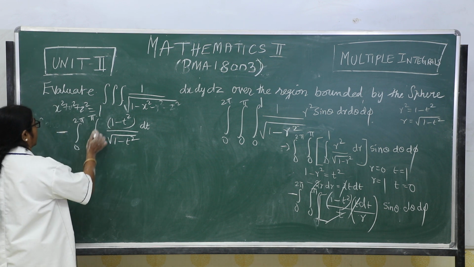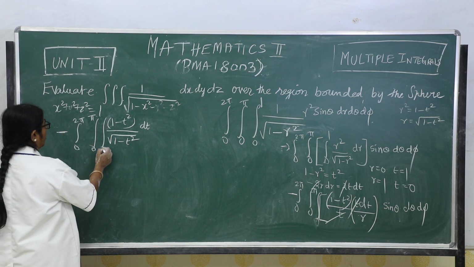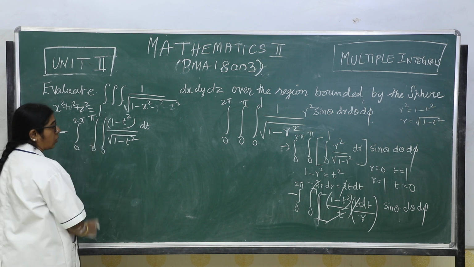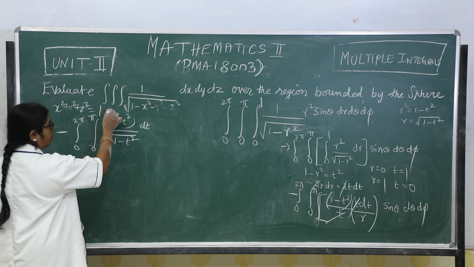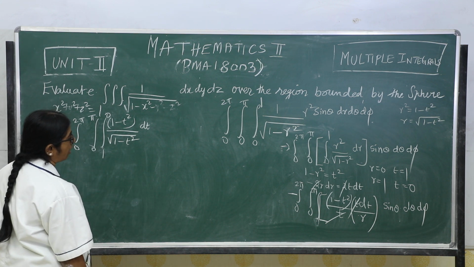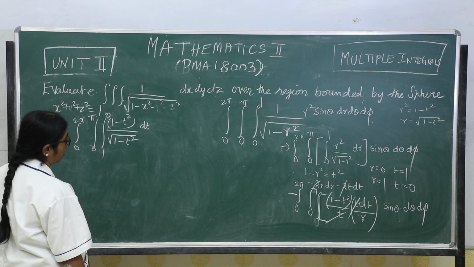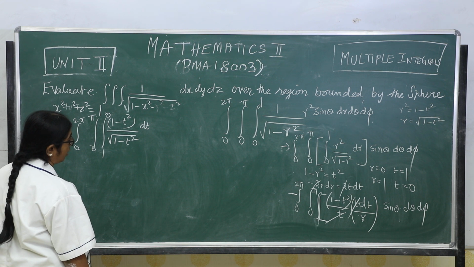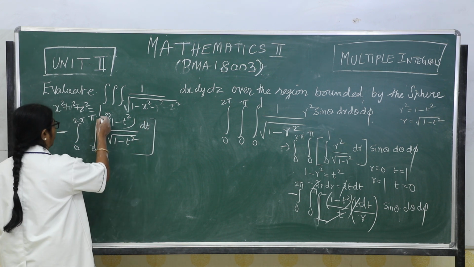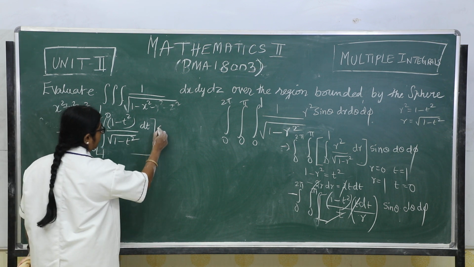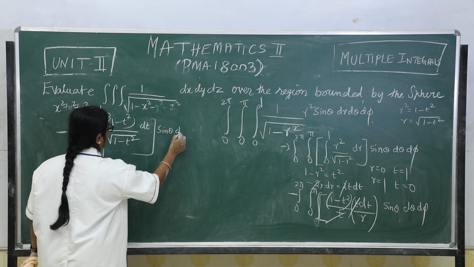Therefore, replacing this by 1 to 0. When r is equal to 0, it is 1. When r is equal to 1, it is 0. So, make use of this sin theta d theta d phi.